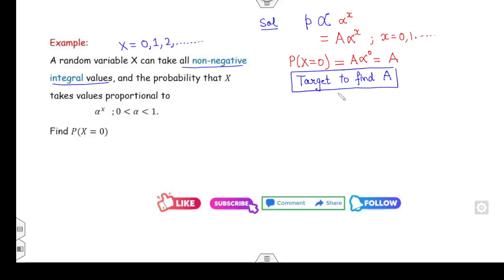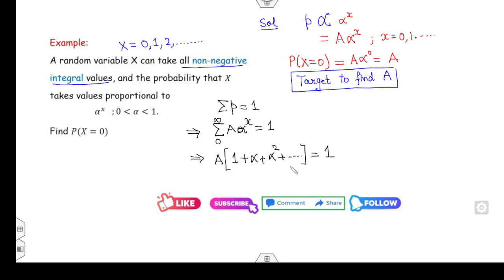Clear? Now how can you find the value of a? Again by using the same, sum of the probability is 1. So you can substitute the value. The probability is a alpha raised to power x, and the sum is 1, where x varies from 0 to infinity. A will be outside. If you open them, it's a times 1 plus alpha plus alpha squared and so on, equal to 1. Now clearly this is a GP.